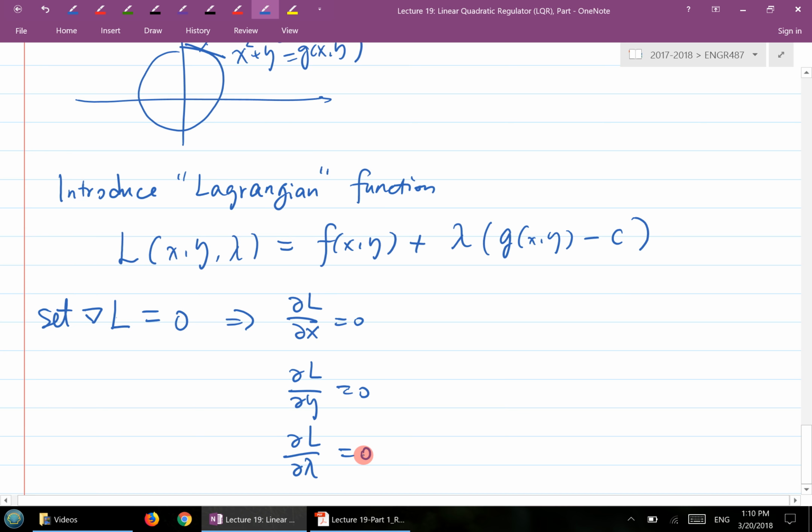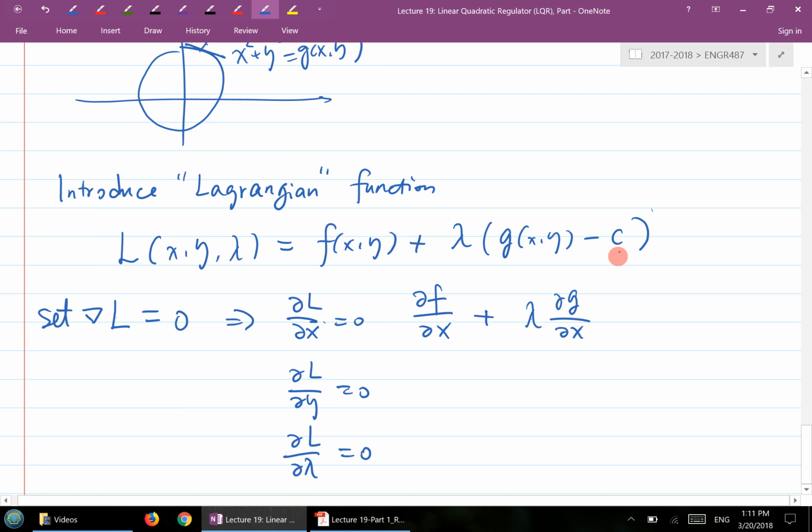Let's take a look at the partial derivative for each term. Here's your L, and if I take partial L over partial x, the first term has x, so you get partial f over partial x. In the second term, you have lambda, and when you take the partial derivative with respect to x and treat lambda as a constant, you get lambda times partial g over partial x.